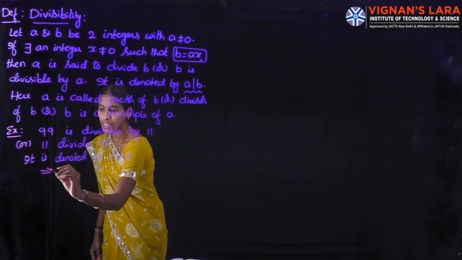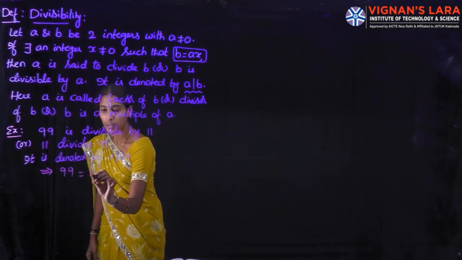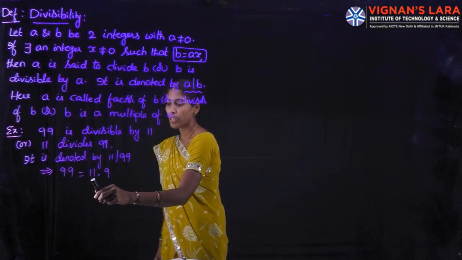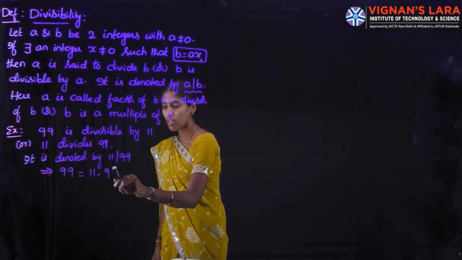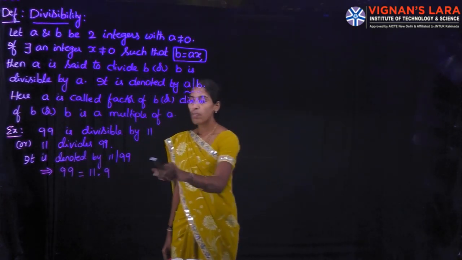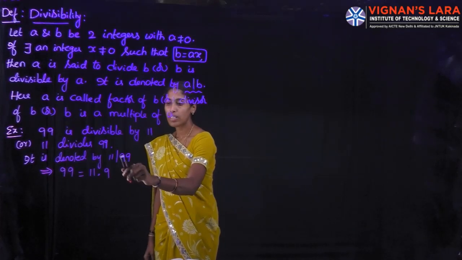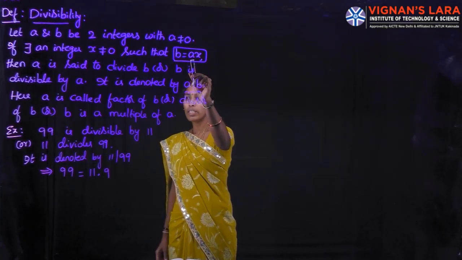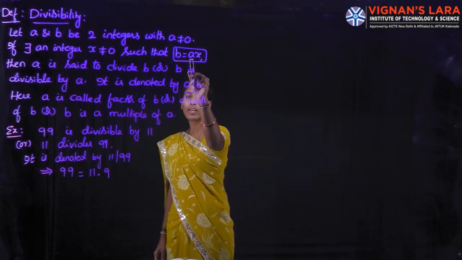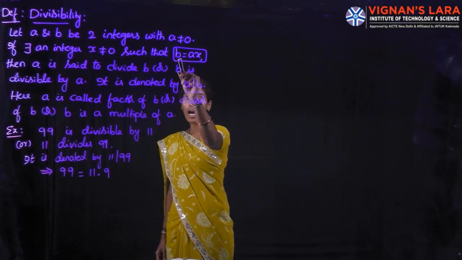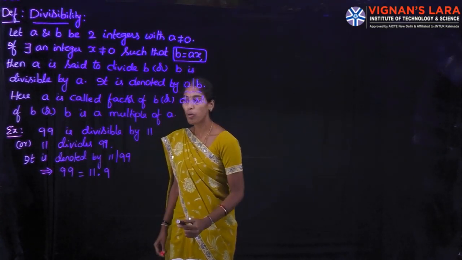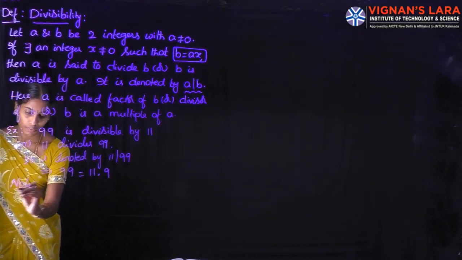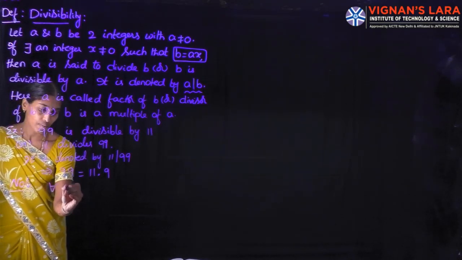We can write it as 99 is equal to 11 into 9. b is equal to a into x, where x is non-zero. So always the denominator value is less than the numerator value, that is the one hint. Also here a is called a factor of b, otherwise a divisor of b, and b is called a multiple of a. Now let us see the note.